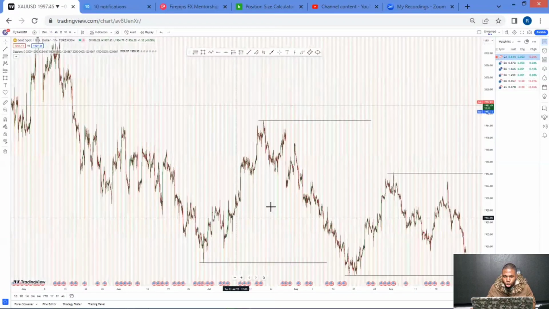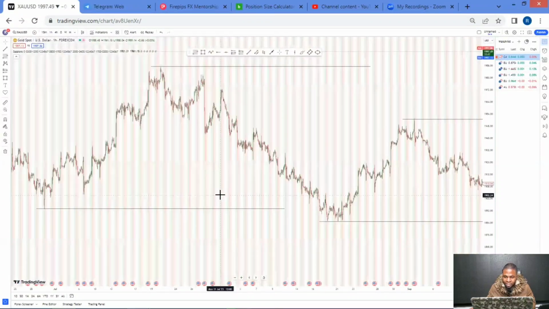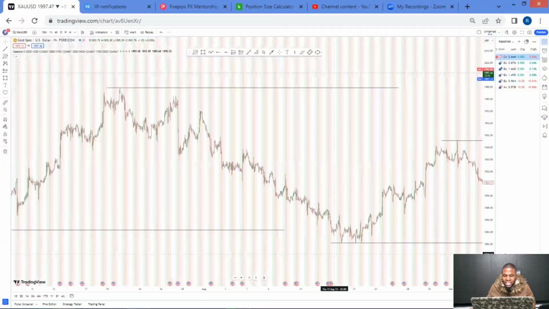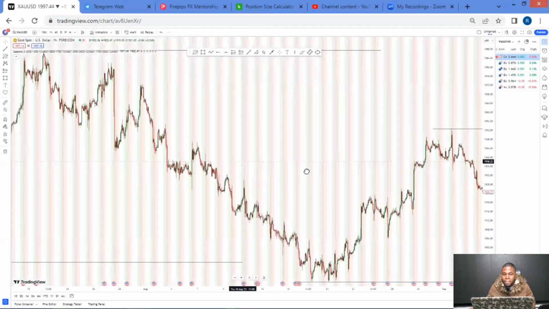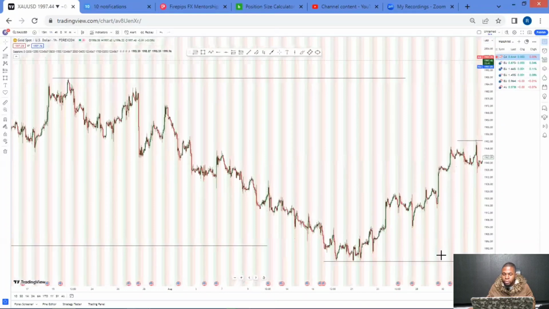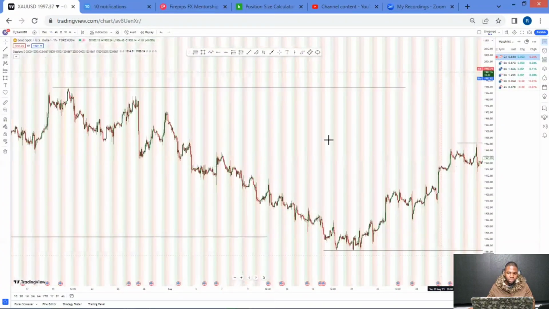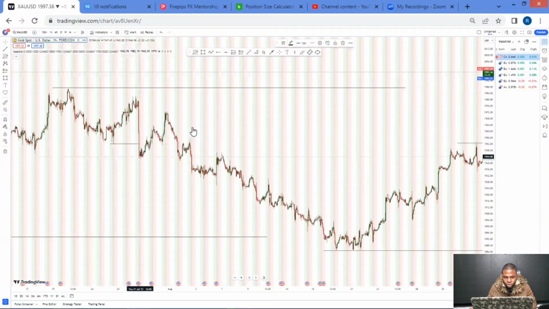So now marking structure on H1. What is that telling you? The H4 structure will become a major structure to the 1 minute structure. Let me mark it out so that you guys have a better scope of understanding. I don't want you guys to get it complicated. Because we are going somewhere with this, and you need to understand this.